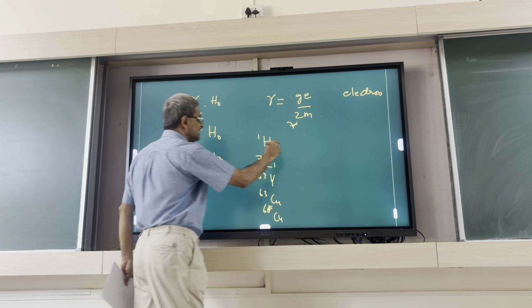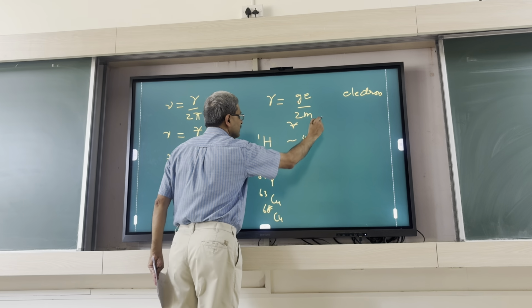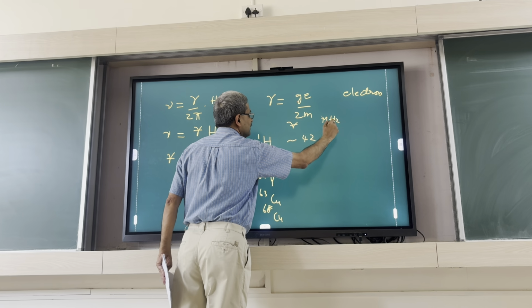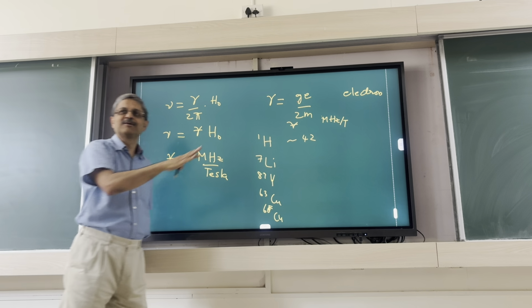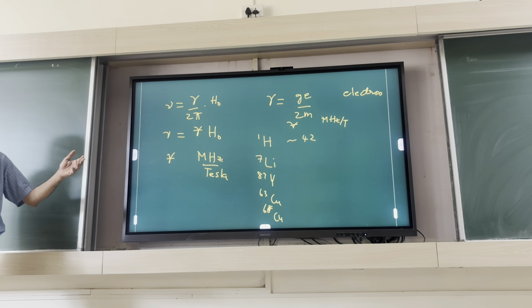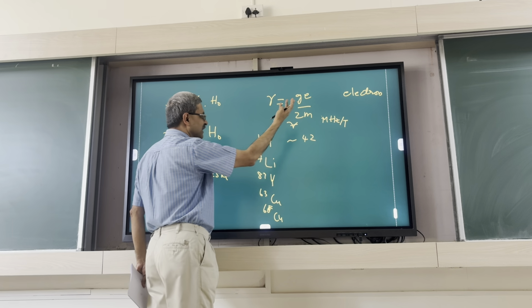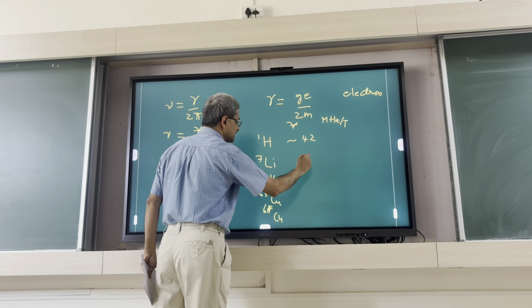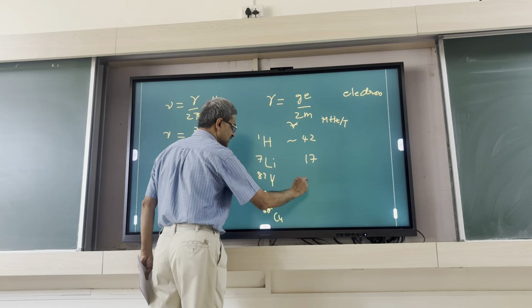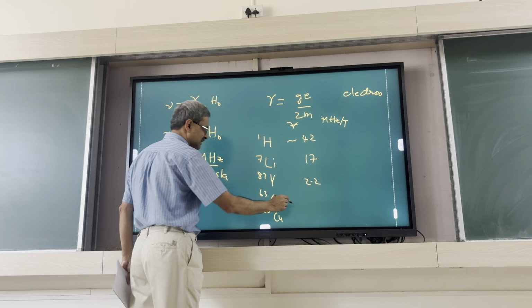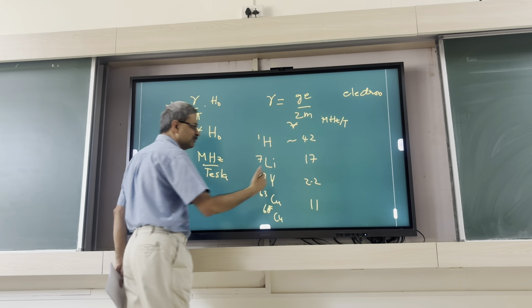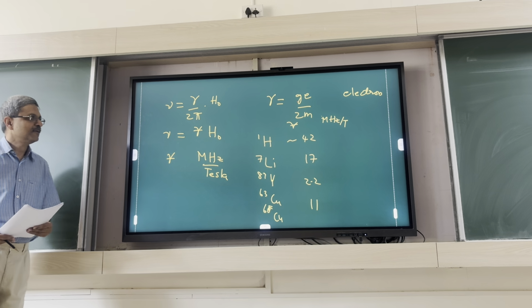For example, this is some 42, always in megahertz per Tesla, because then you get numbers of the order of 1 or 10, so it's easy to remember. Proton is like 42 megahertz per Tesla, lithium is like 17 megahertz per Tesla, this is like 2.2 megahertz per Tesla, this is some 10, 11 megahertz per Tesla, and so on.